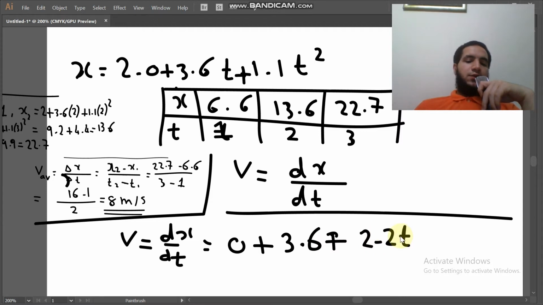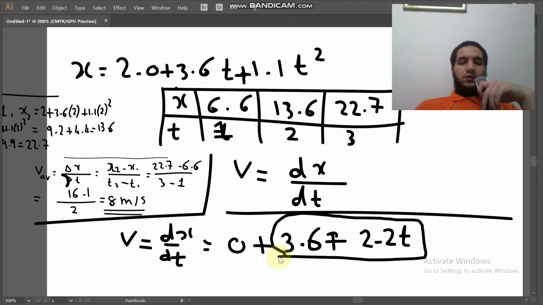This is the first derivative, and this is v. So we will substitute t one time with 2 and one time with 3.